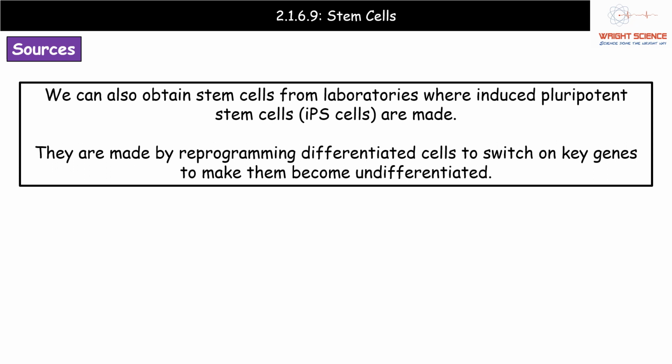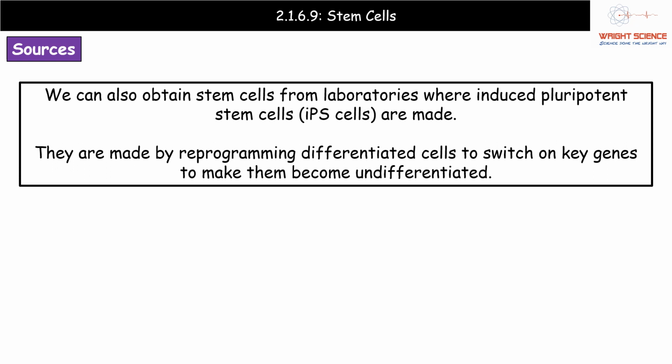Now, one thing that we need to bear in mind is that when we're thinking about stem cells, it's not just what's happening naturally, but we're also looking at this as a big source of potential future research in science. And one place that we can actually obtain stem cells is from a laboratory. The labs are creating what we call induced pluripotent stem cells, iPS cells.